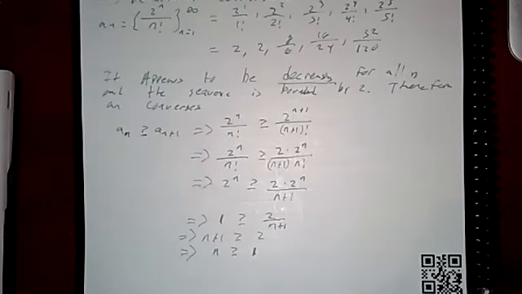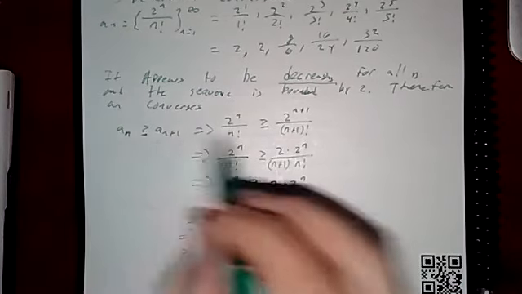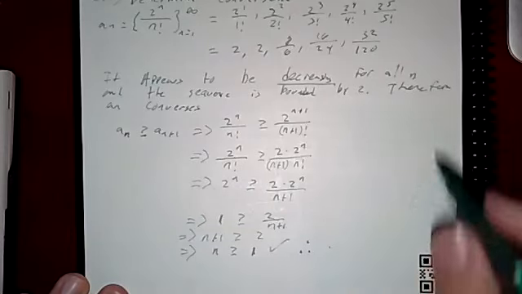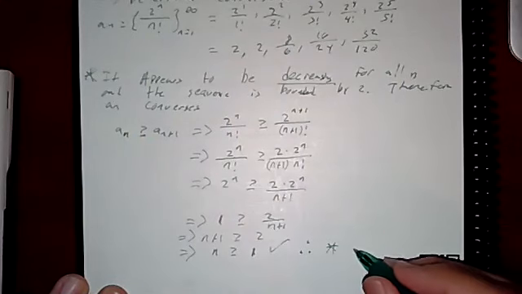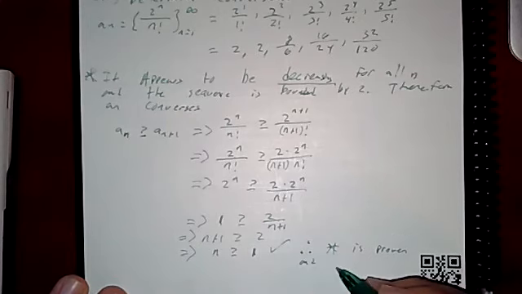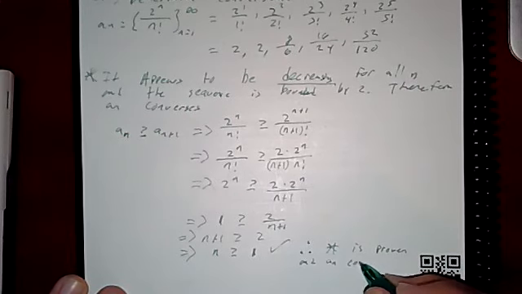N starts at 1, doesn't it? Yeah, n starts at 1 and it goes on forever, right? So this is a true statement. Therefore, if this is true, then the rest is true. So this shows, right, therefore, this part is now true. So I'm going to just star it. So therefore asterisk is proven, and a sub n converges.